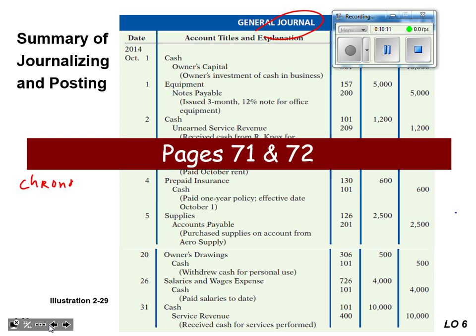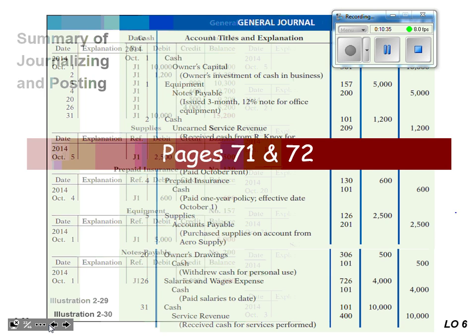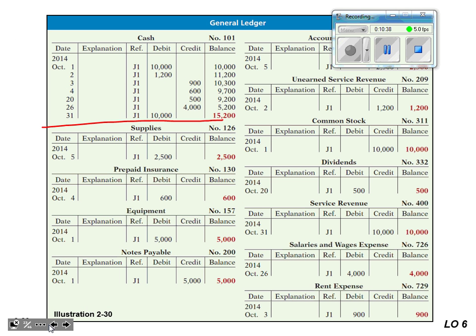If I had to go see every time cash had an increase or decrease, I literally would have to go down, scan through, might miss one. Okay, cash was just like sprinkled confetti. So that's why we teleport or move anytime cash is debited or credited over to its ledger. So if we want to see, all right, tell me the cash story.